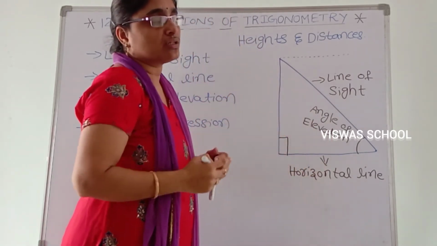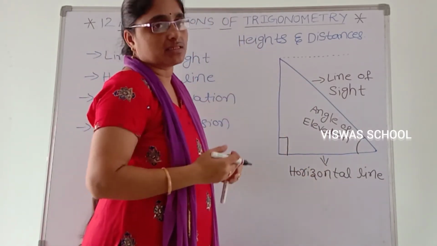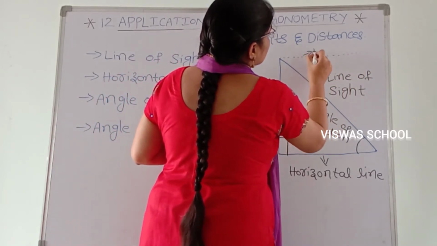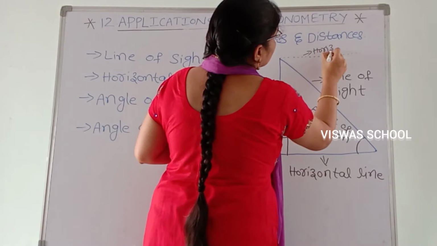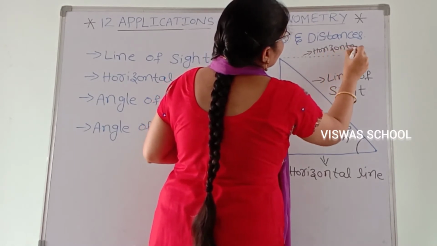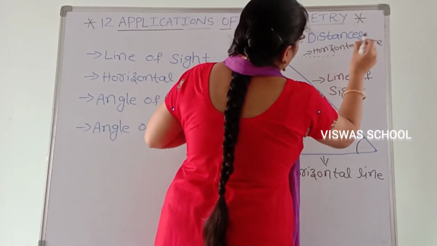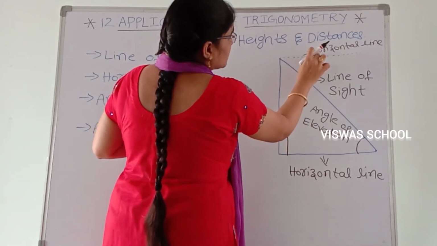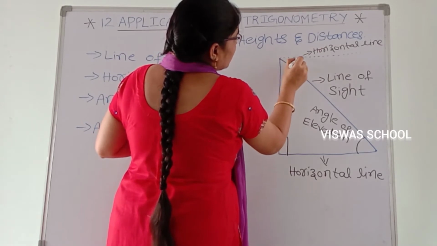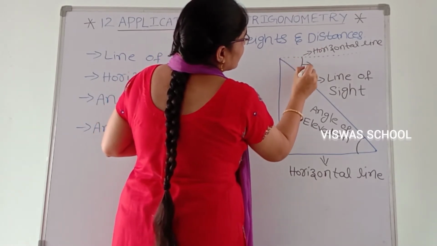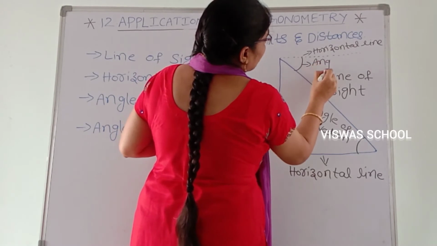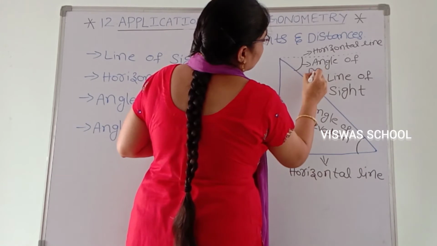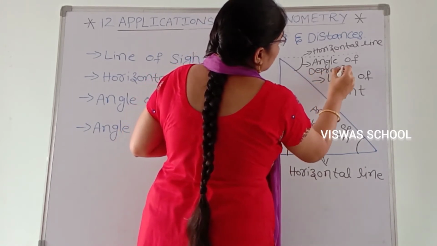When we are standing on the top of the object, we look like this. This is the horizontal line, and this is the line of sight. In between these two there is one angle. That is the angle of depression.